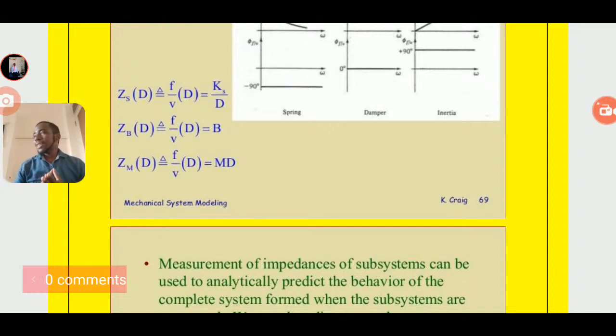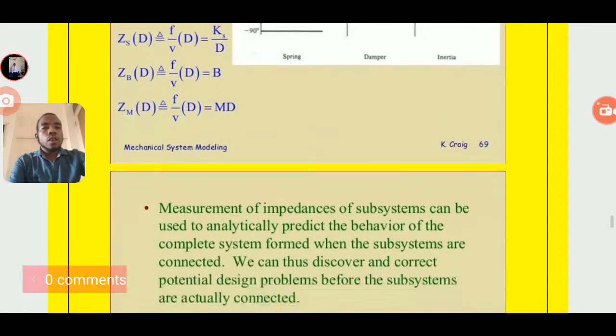The impedance Zm(D) in the case of the mass is equal to delta F by V, which is equal to MD.